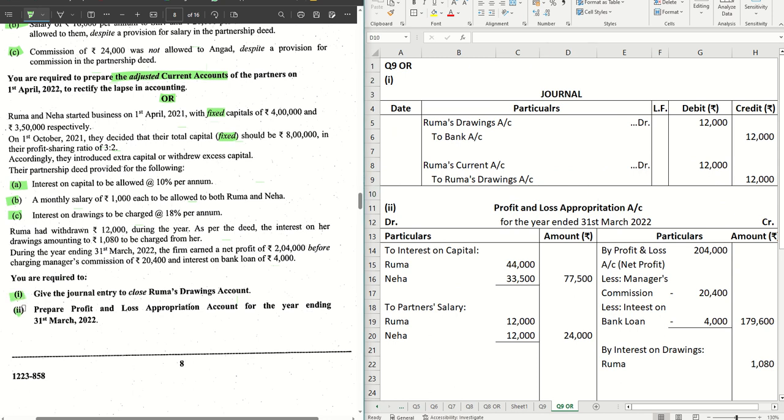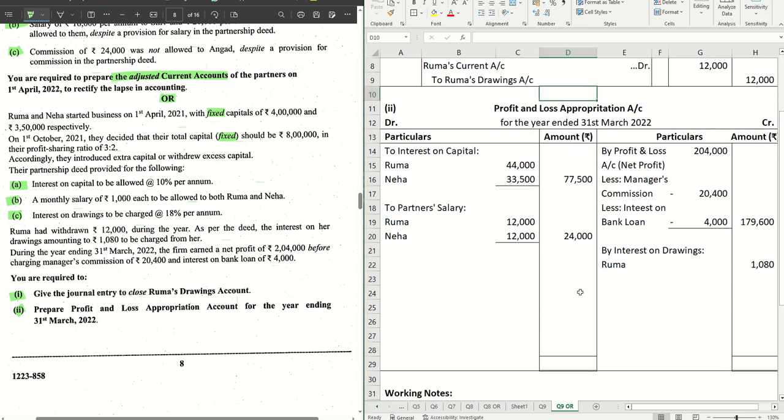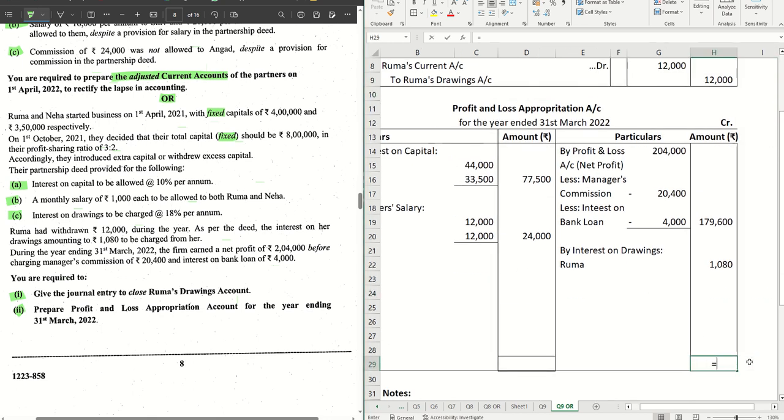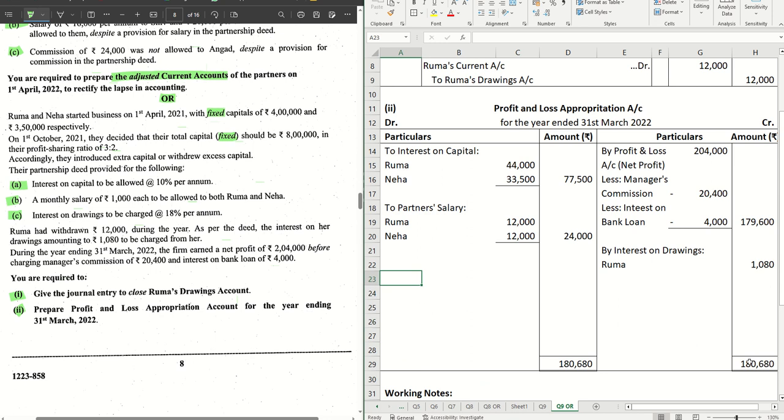Question number two, let's now complete the P&L appropriation account by calculating the profit that we have. 1,80,680 is the total. Then the share of profit transferred to Ruma's current account and Neha's current account.